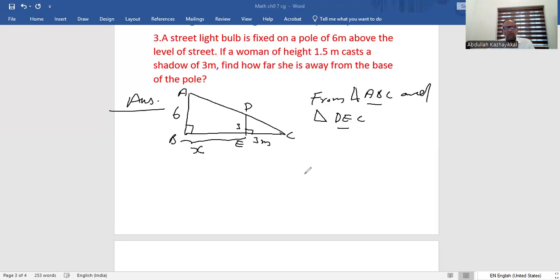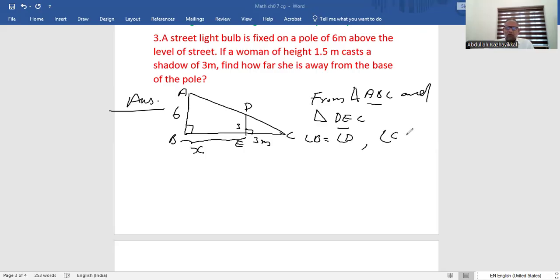The two triangles are similar. How? From triangle ABC and DEC: angle B is equal to angle D, that is 90 degree.